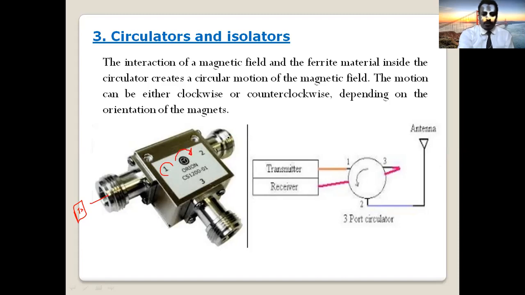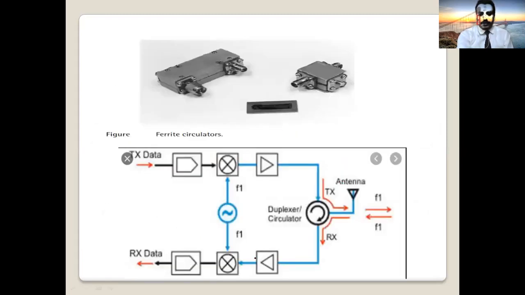Okay. So at port 2, we connect our antenna, and at port 3 we connect our receiver circuits, RX. Just like this. See here, the transmitter cable comes to port number 1, port number 2 goes to the antenna, port number 3 goes to the receiver.